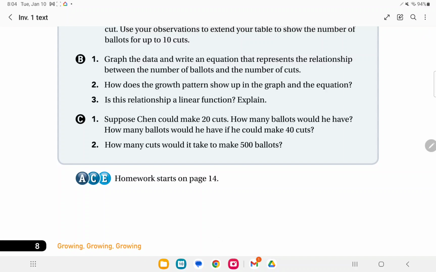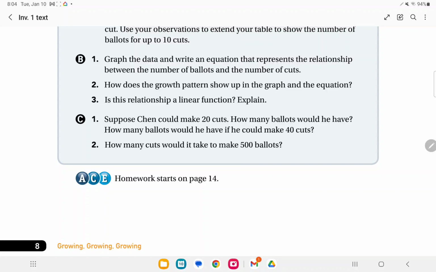Now, if we take a look at part C, it says, suppose Chen could make 20 cuts. How many ballots would he have? How many ballots would he have if he could make 40 cuts? And how many cuts would it take to make 500 ballots? So if you haven't already, go ahead and answer that. You will need a calculator.